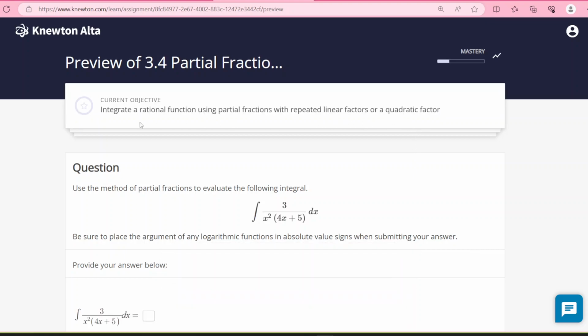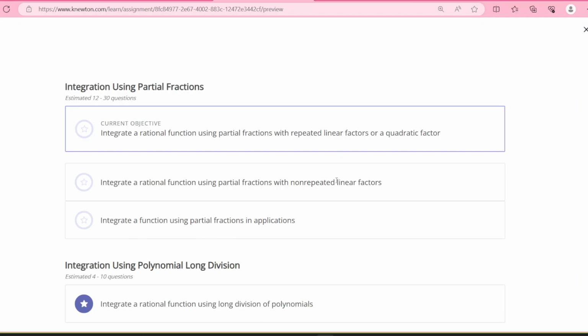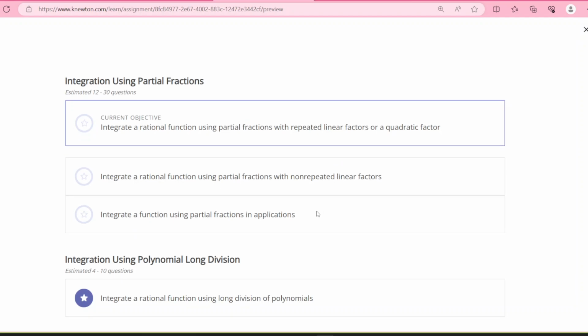Now, I want to do some, I can't switch to the individual objectives. Okay. I guess I misinterpreted that. I am sorry.